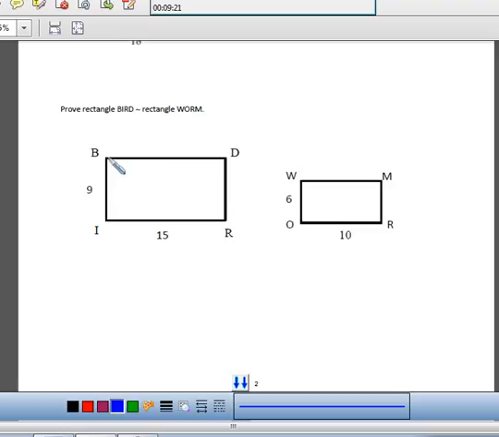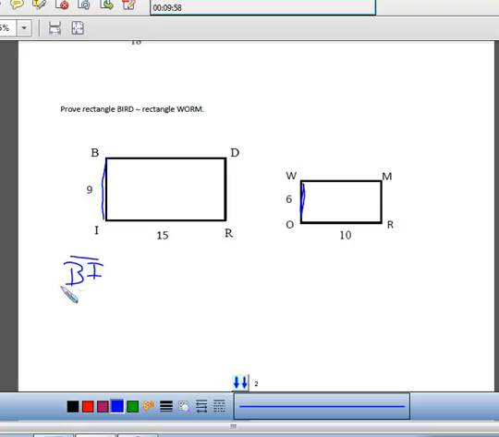So is this side here proportional to this side? Or if we create a proportion, I should say, if BI over WO is the same as IR over OR. And so let me write that down.